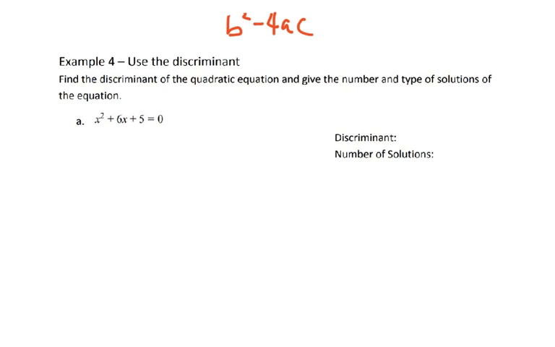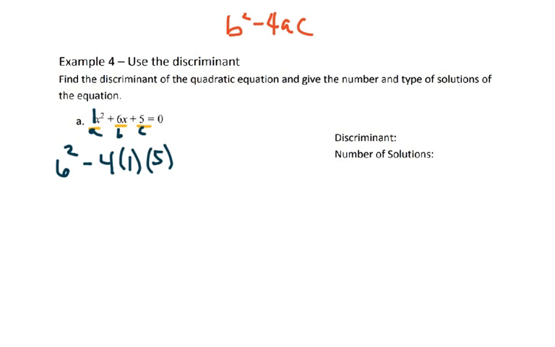Let's try it with this. First of all, we got to get it set up and equal to 0. Well, it is. Reminder, this is a 1 because now we can identify A, B and C. Since we're using the discriminant, we know it's b squared minus 4ac. So let's plug in for what we know. This is b, so it's going to be 6 squared minus 4 times a, which is 1, times c, which is 5.